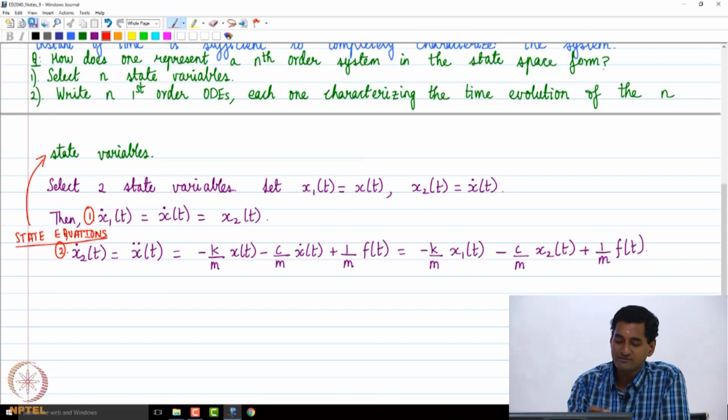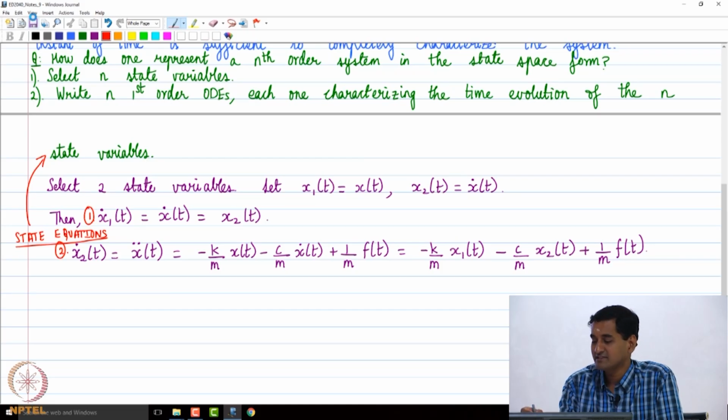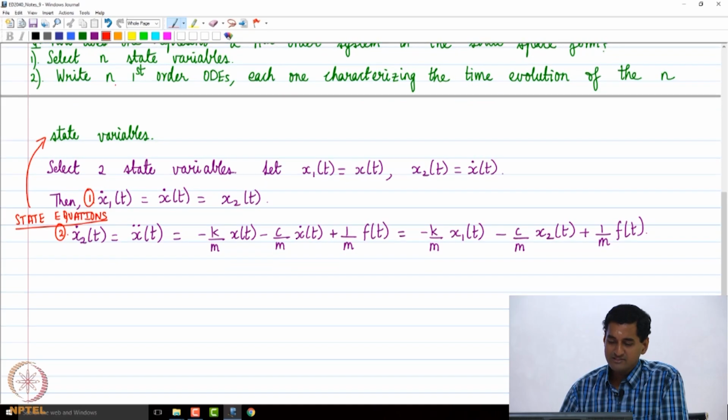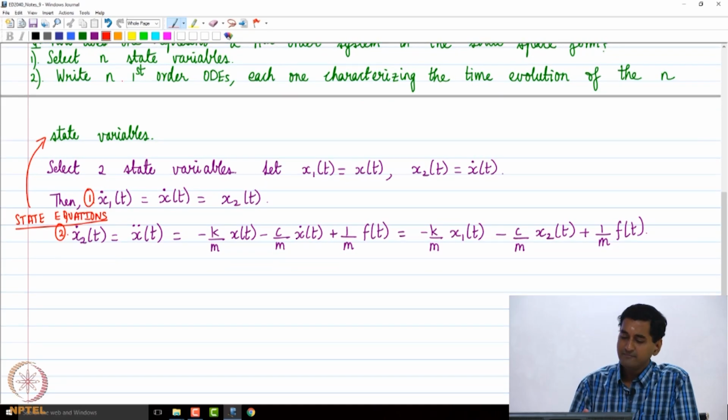I said that we need to write n first order ODEs, each one characterizing the time evolution of the n state variables. What we have done is written 2 first order ODEs for this particular example. So state equations are essentially first order differential equations which characterize the time evolution of the state variables. These are the 2 scalar state equations here.